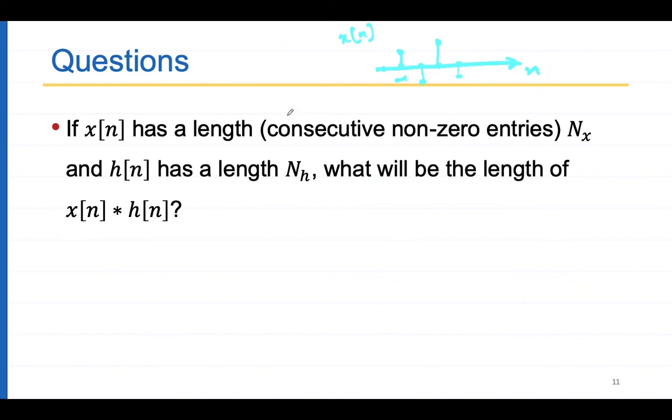Then if x of n has a length of nx and h of n has a length nh, what will be the length of the convolution, basically the output? This is a simple question. I hope you can solve it very easily.